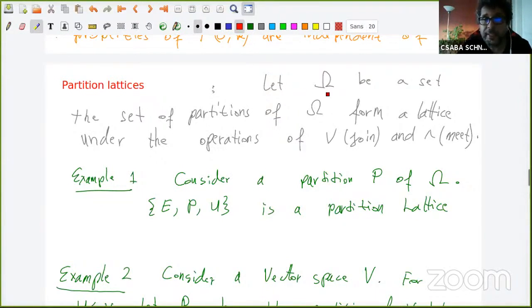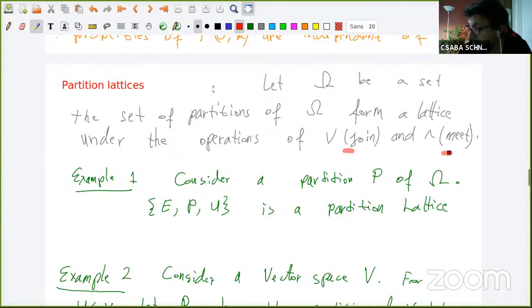Whenever you have a set omega, you can consider the set of partitions of omega, and the set of partitions of omega forms a lattice under the operations of join and meet. Whenever you have two partitions, you can ask whether one partition is finer than the other, or coarser than the other, and it gives you a partial ordering on partitions.